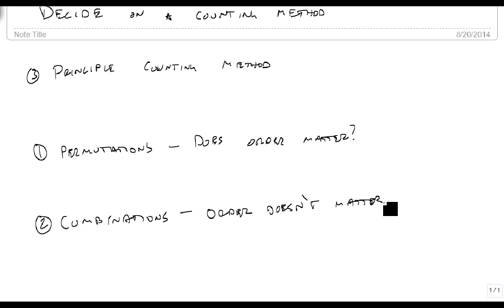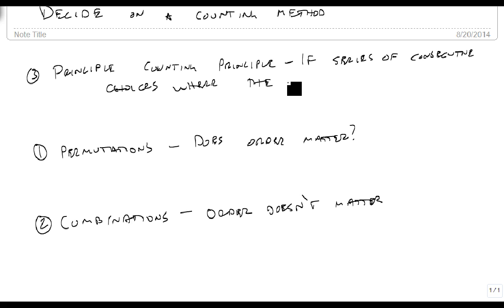then use a combination. And use the fundamental counting principle is what we should call this, not method. This is a principle. Use this if you have a series of consecutive choices where the number of choices at a given level is always the same.